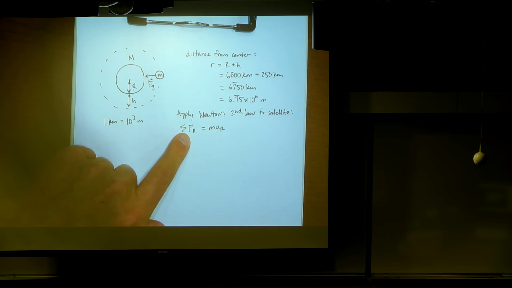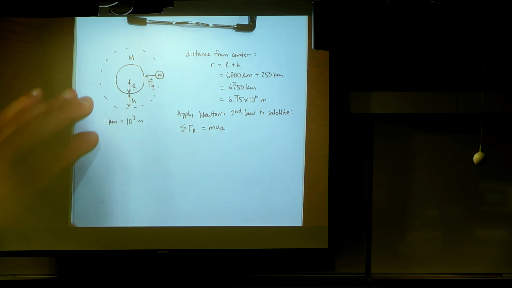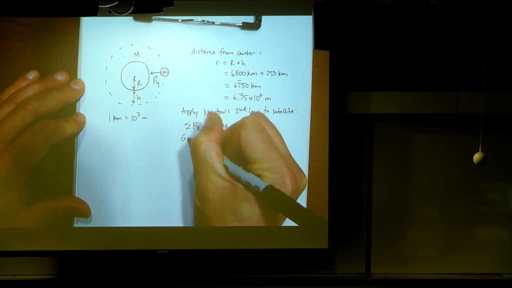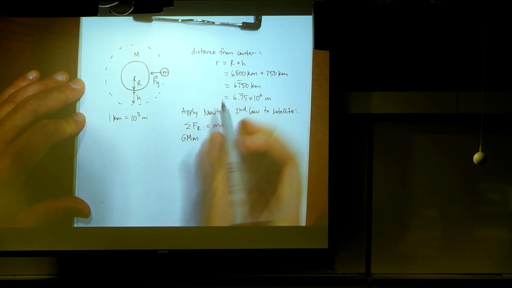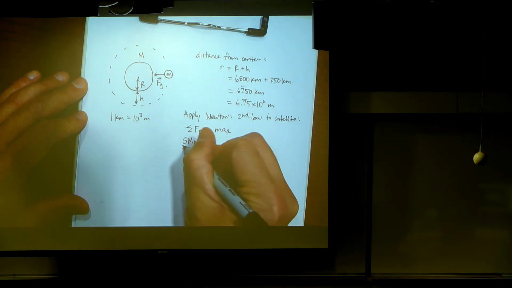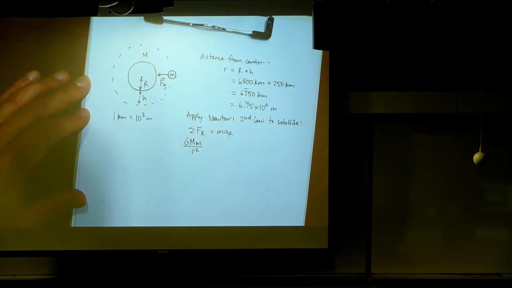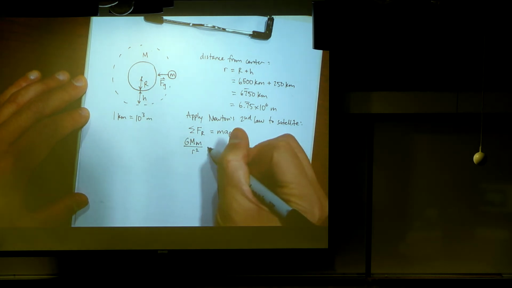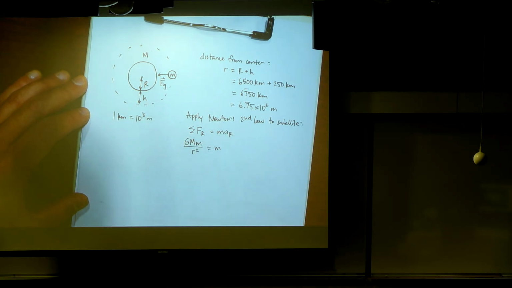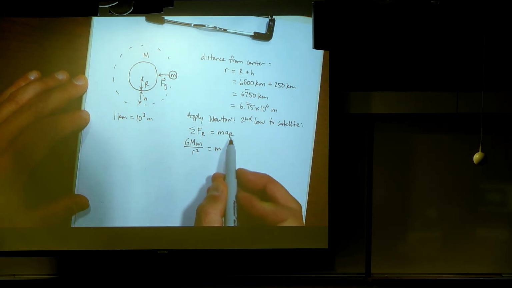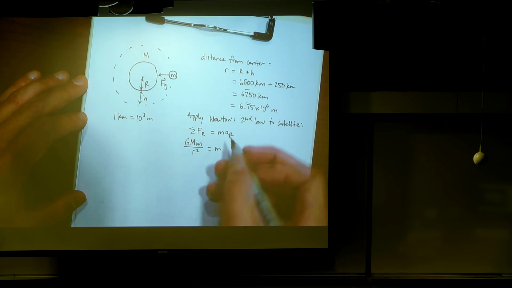So there's only one force, it's gravity, and the force of gravity is described by big G, big M times little m. That's just the two masses multiplied together, divided by r squared. That's, again, the distance to the center. Okay, that equals m times the acceleration. What's that again? We just went over this. V squared divided by r.